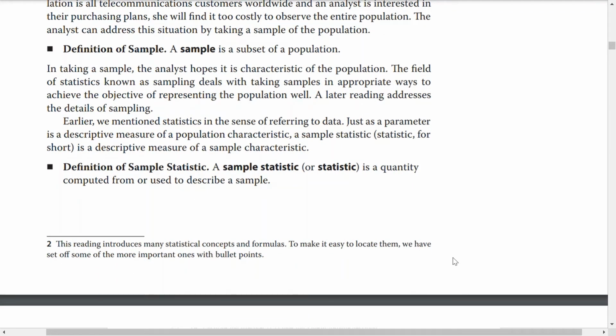Earlier, we mentioned statistics in the sense of referring to data. Just as a parameter is a descriptive measure of a population characteristic, a sample statistic, or statistic for short, is a descriptive measure of a sample characteristic. Definition of sample statistic: a sample statistic or statistic is a quantity computed from or used to describe a sample.